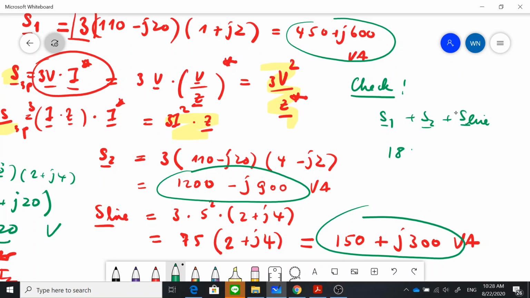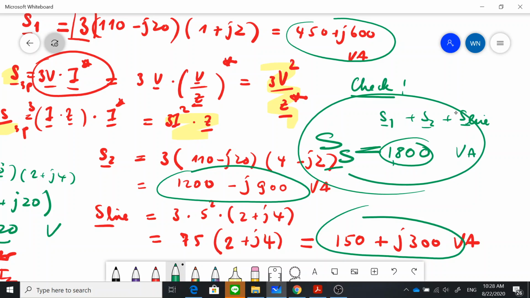Then the imaginary part: 600 plus 300 becomes 900, plus 900 minus 900 becomes 0. So the sum of these is 1800 VA, which is exactly the same as S source. So that concludes the calculation that all the answers are correct.